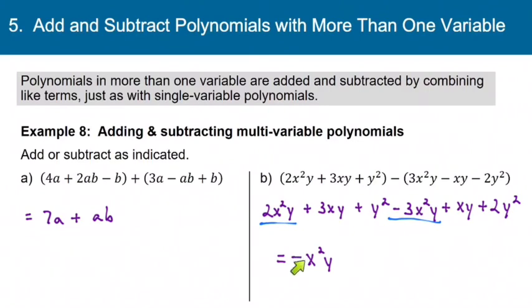And notice that I did not write the 1, but I just wrote the negative in front of the x squared y. Then let's do our xy terms. So we have positive 3xy plus 1xy. Together they make positive 4xy. And then the y squared terms are all that's left. 1y squared plus 2y squared is positive 3y squared. So here is our final polynomial for part B.